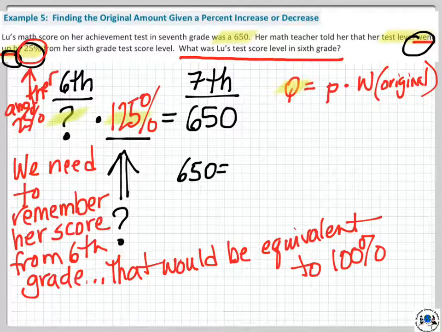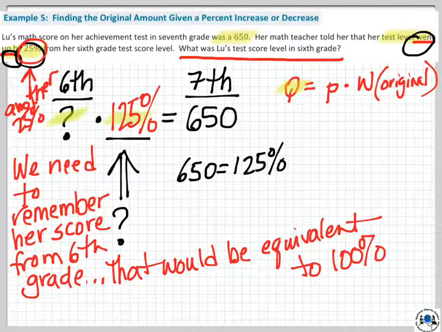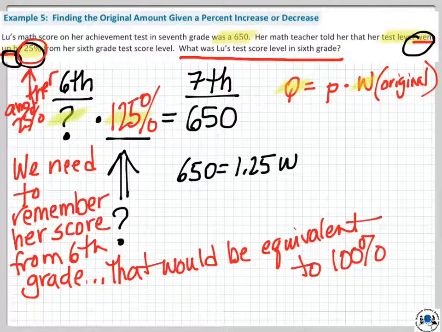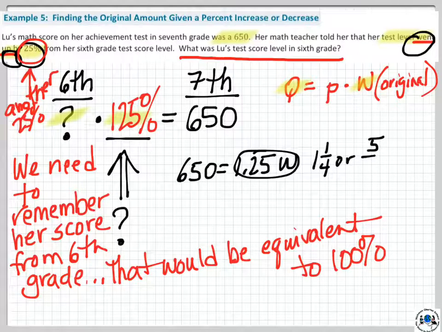And our percentage is 125%, or 1.25 times W, which is the original, which is what we're trying to solve for. And again, I'm trying to really encourage you to use fractions. That 1.25 W could also be 1 1/4 or 5/4 W.